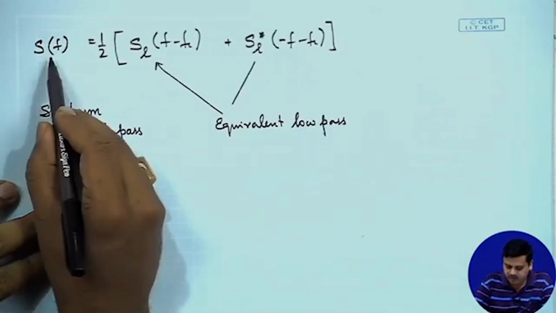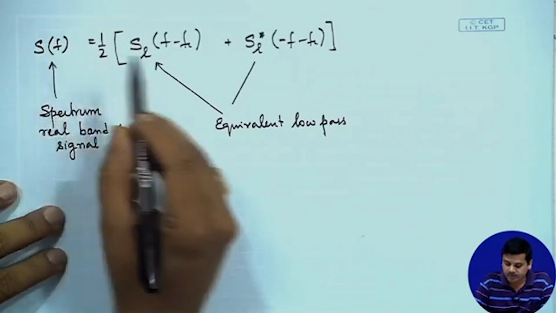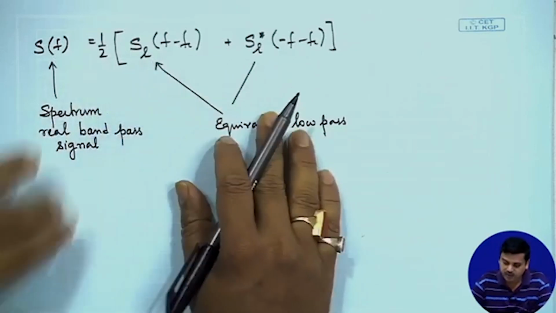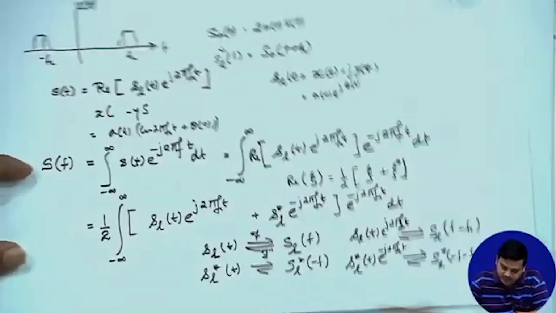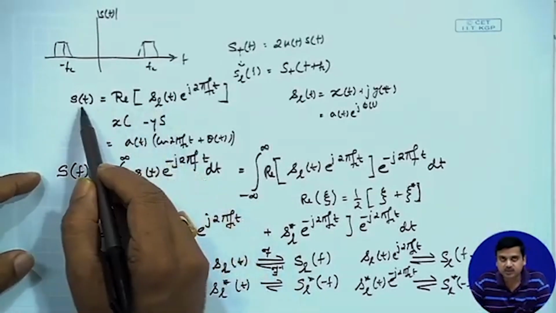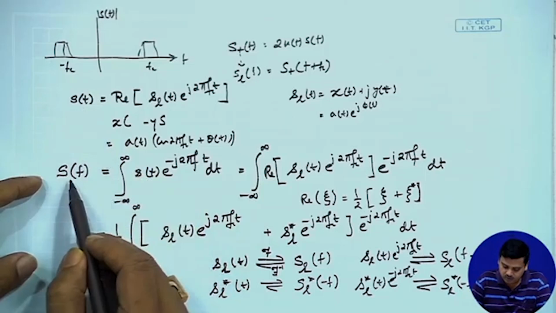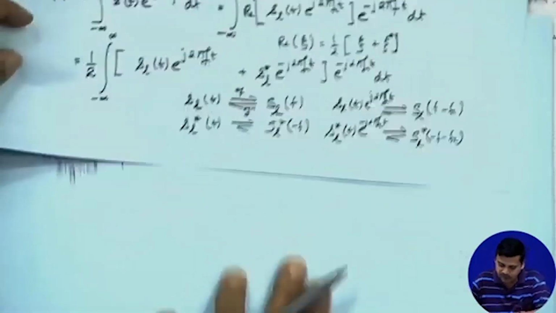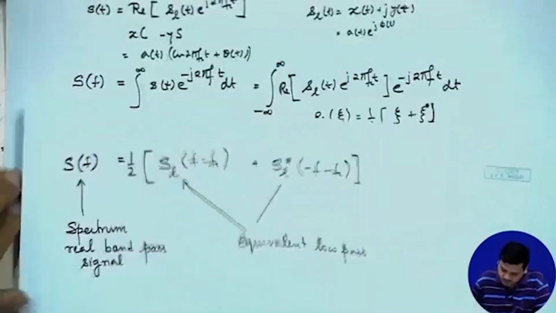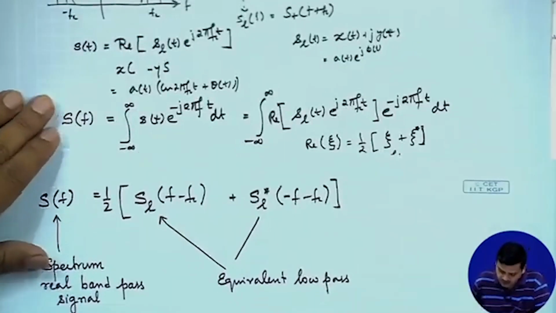That means the spectrum in the pass band can be related to the spectrum of the equivalent low pass, where we had already stated that s_L(t) is the representation of the equivalent low pass of s(t), and we have gone to S(f) and we have related S(f). If we place it this way, it will be clear.